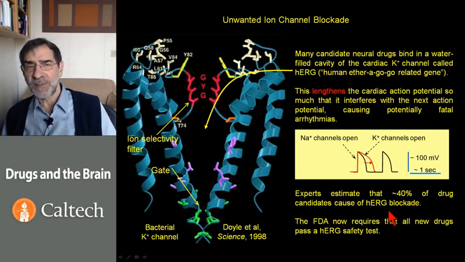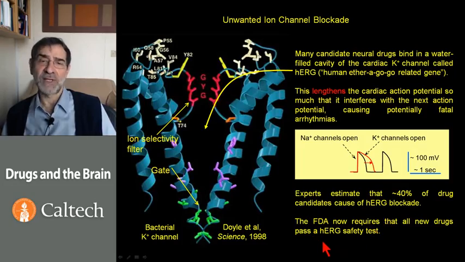That's right, in a typical million or so compound library that a drug company has made over the years, 40% of them may cause blockade of hERG channels, and there have been some tragic results. Now the FDA requires that all new drugs pass a hERG safety test.